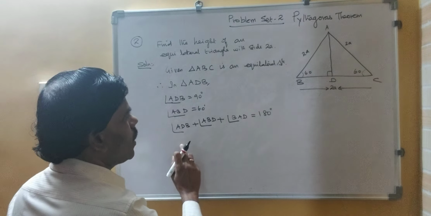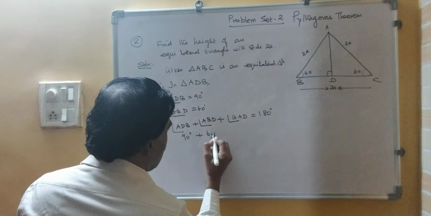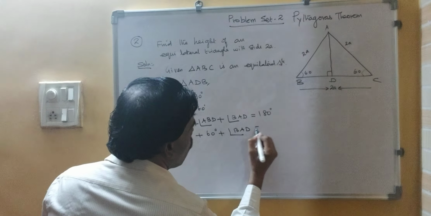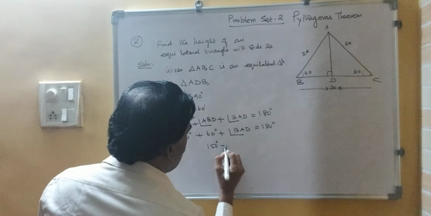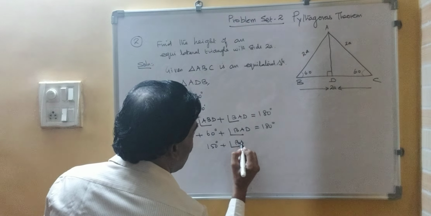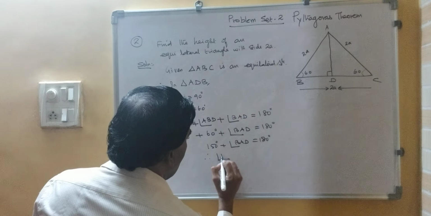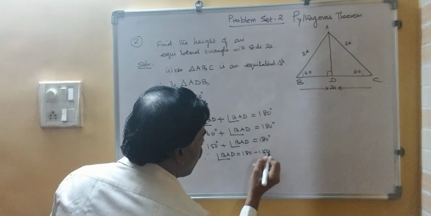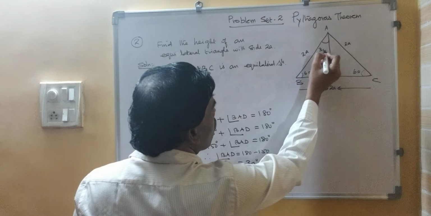Now, what is ADB? 90 degree plus 60 degree plus angle BAD equal to 180 degree. So 150 degree plus angle BAD equal to 180 degree. Therefore, angle BAD equal to 180 minus 150 equal to 30 degree. So this is 30 degree.